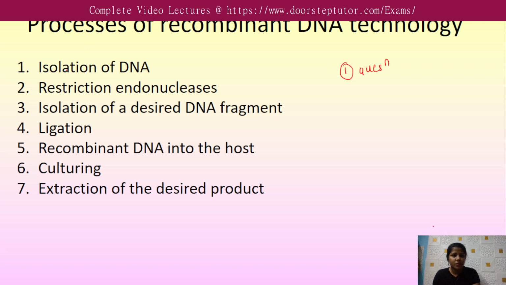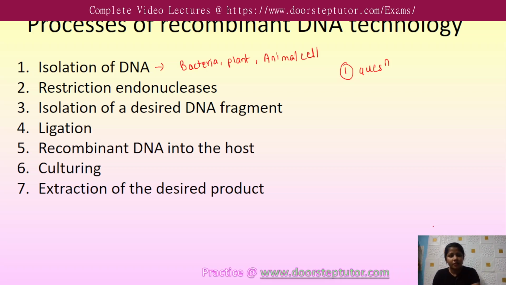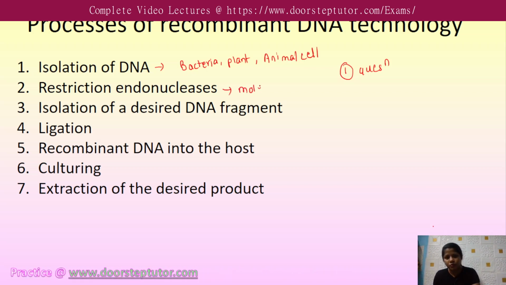So the first process is isolation of DNA from any target living organism, which might be a bacteria, plant, or animal cell. Then we cut the target DNA with the help of restriction endonuclease, which is also known as molecular scissors.